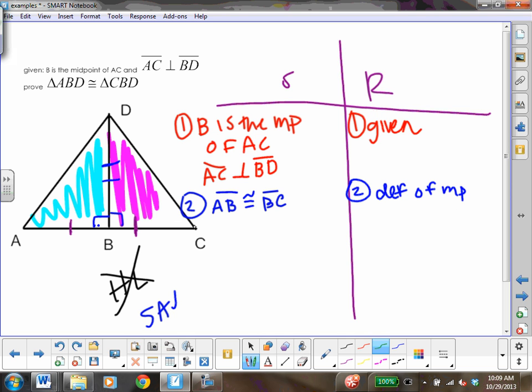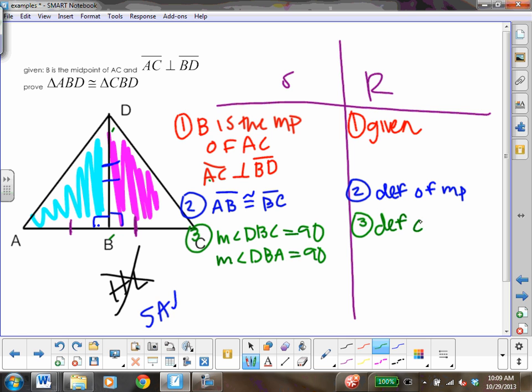Now I'll use the perpendicular. Since AC is perpendicular to BD, that means that the measure of angle DBC equals 90 degrees, and the measure of angle DBA also is 90 degrees. That would just be because of the definition of perpendicular.